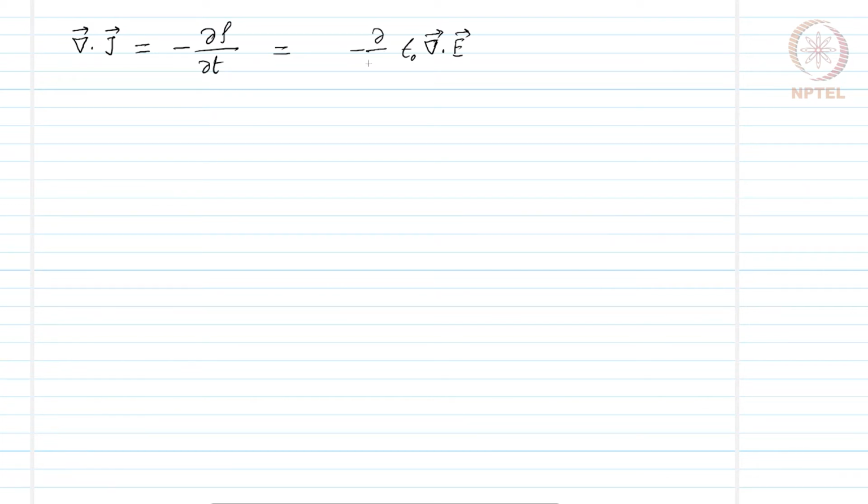Minus del t of that comes here. That means this quantity is equal to minus the divergence of epsilon naught del E del t, because the time derivative and space derivative commute with each other.